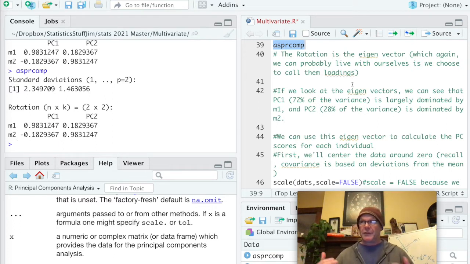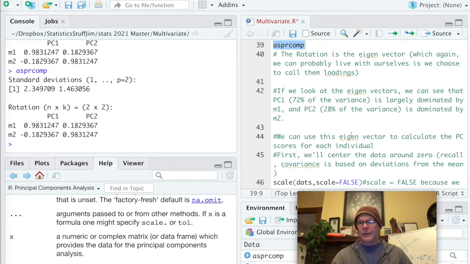And remember that with a covariance matrix, you are basically looking at the difference from the mean for each individual: how different are you on X minus the mean of X, and Y minus the mean of Y. So if we want to think about where our scores come from, we're going to center all of our data.